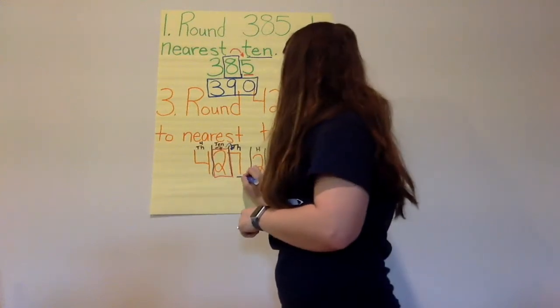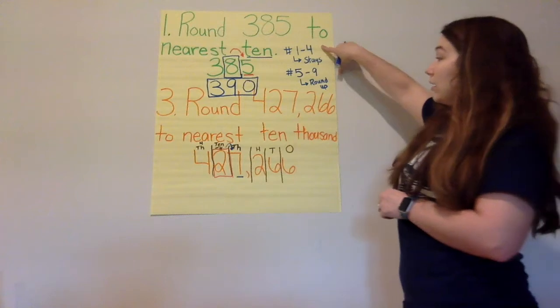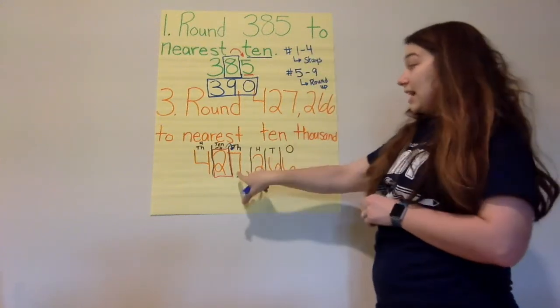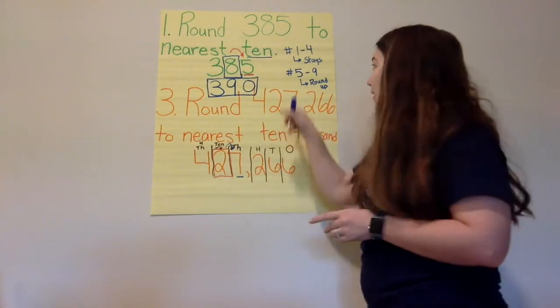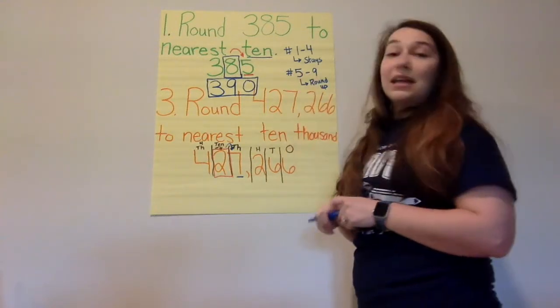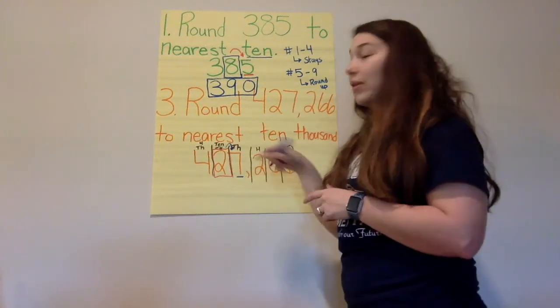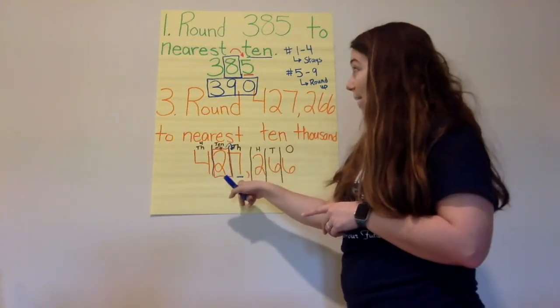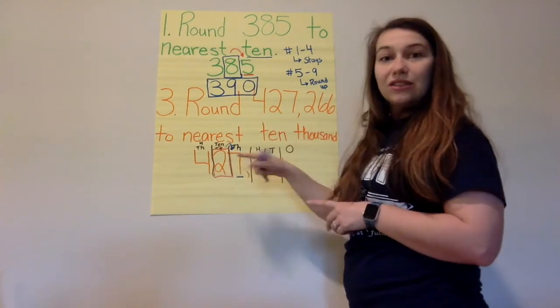All right, so let's look back at what we know. If 1 through 4 is next door, the number stays the same. If 5 through 9 is next door, the number rounds up. So in this case, what is going to happen? We have a 7 next door.